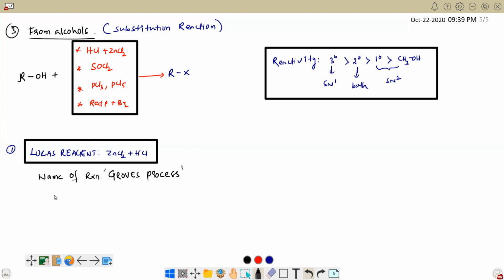The role of ZnCl2 is that it acts as a Lewis acid, and weakens the carbon oxygen bond during the reaction.